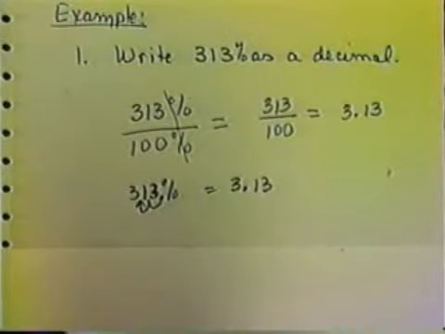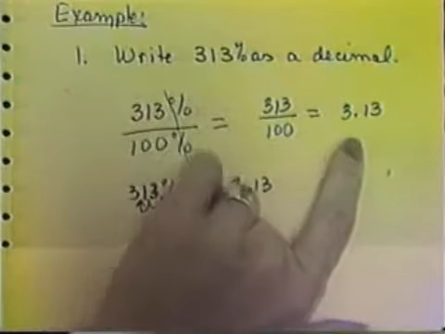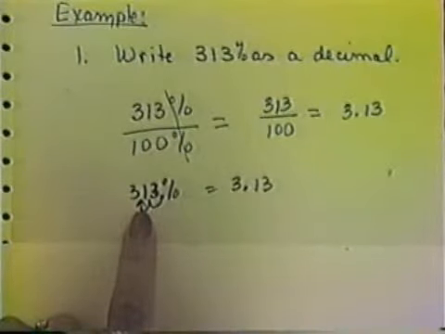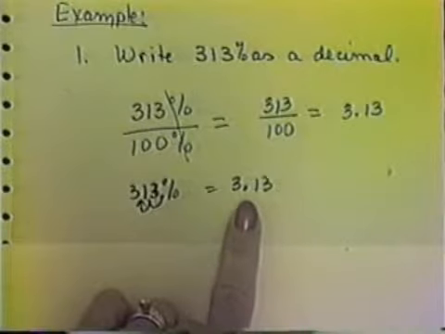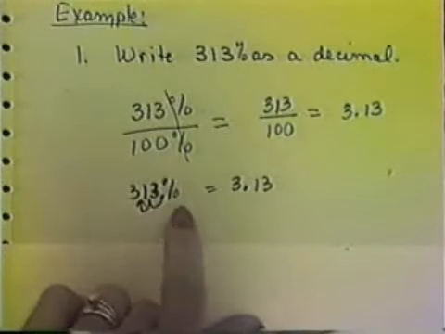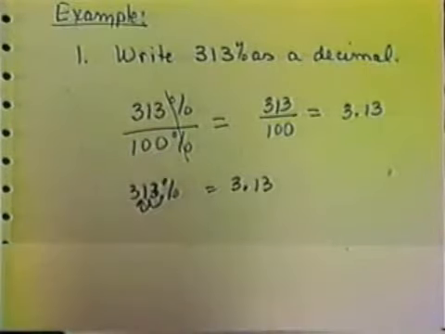So we can either divide it out, or we can move the decimal. If you're comfortable moving the decimal, it works every time. If you're changing a percent to a decimal, we're going to move the decimal 2 places to the left and drop the percent sign, which in essence says I'm dividing by 100%.